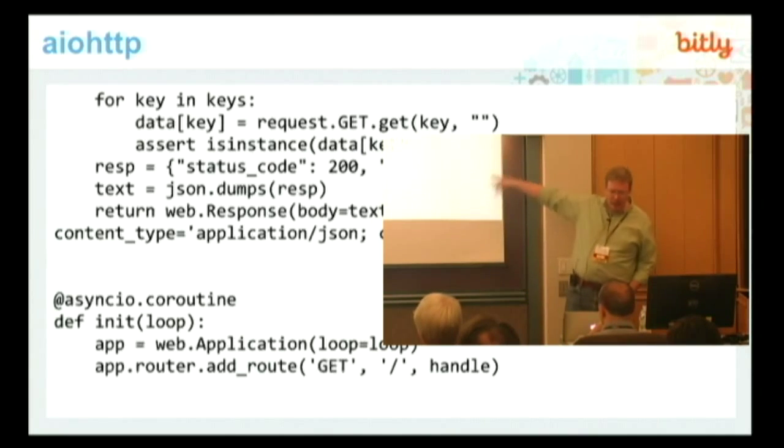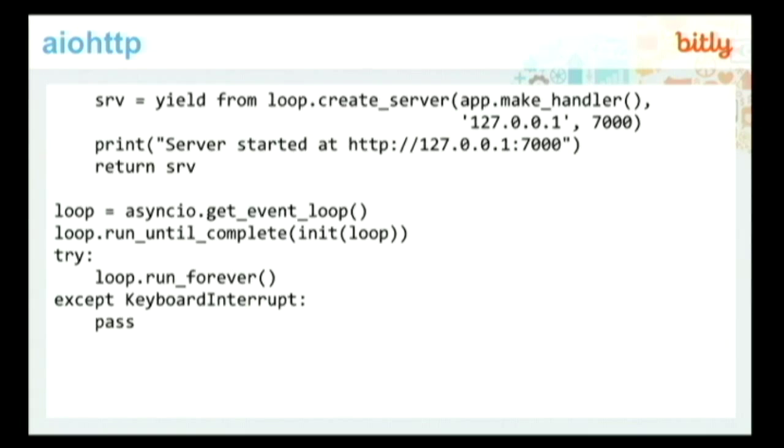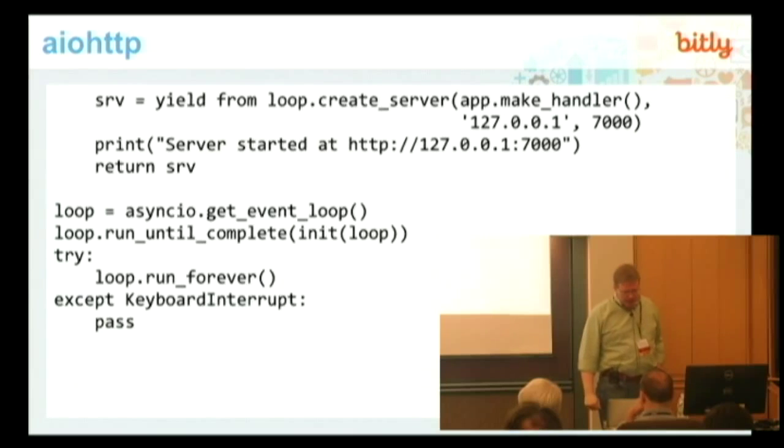Then we have the body, which again just loops over the incoming query parameters and generates the JSON response and dumps it back out. You have init of the loop itself, which instantiates the app and sets up the route. And here we have some of the new Python 3 syntax, yield from loop.create_server, which is kind of neat.